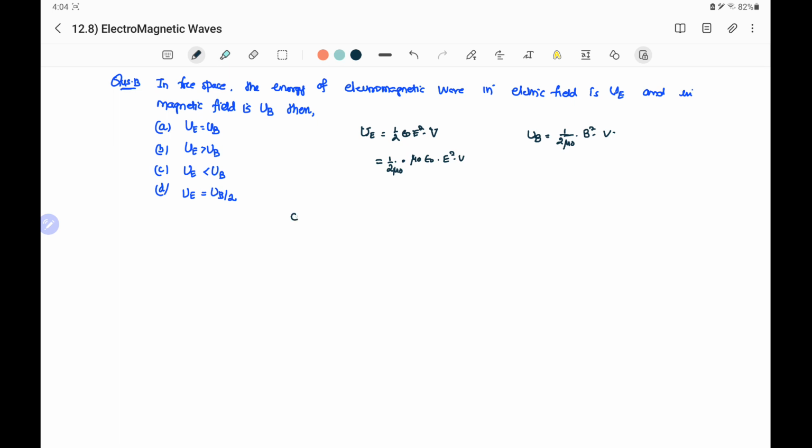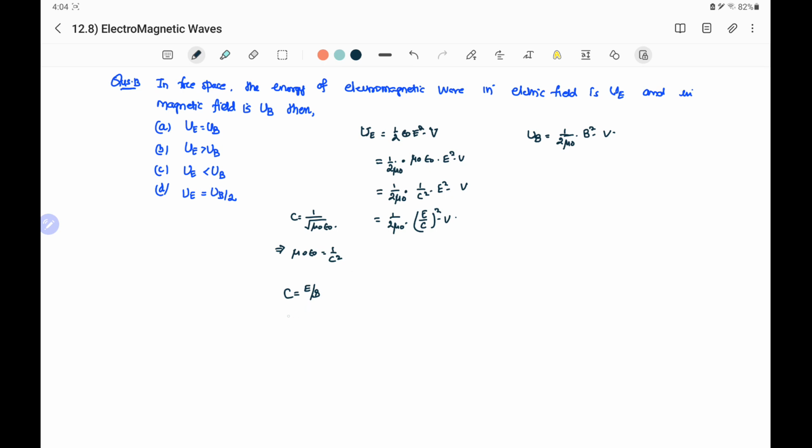We know that the speed of electromagnetic wave in free space is c, which is equal to 1 by root mu naught epsilon naught. So we can write that mu naught epsilon naught is equal to 1 by c square, and replacing in UE it will be 1 by 2 mu naught into 1 by c square into E square into V. So it will be equal to 1 by 2 mu naught (E by c) whole square into V. Also we know that the speed of electromagnetic wave in free space is equal to the ratio of electric field vector and magnetic field.